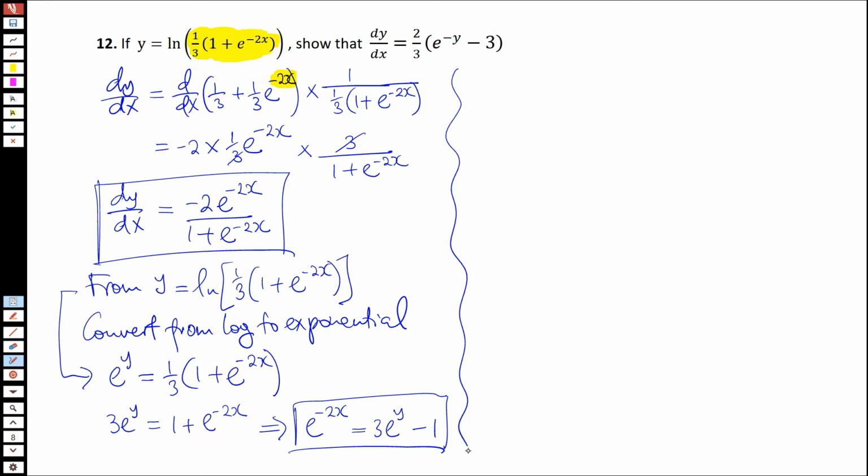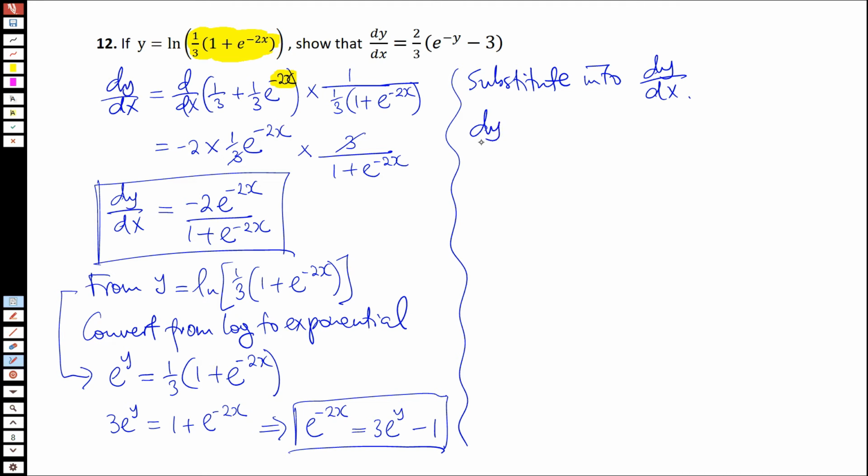we now want to substitute both of these expressions into the original function. So substitute into dy over dx.